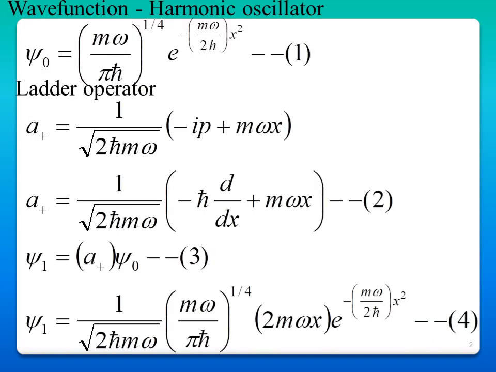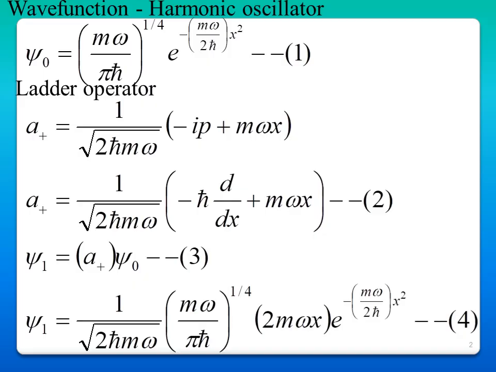So the wave function for the harmonic oscillator at n equal to 0 is psi 0 equal to (m omega by pi h cross) whole power 1 by 4 e power minus m omega by 2 h cross x squared. If you use the ladder operator a plus, that is 1 by root 2 h cross m omega times (minus h cross d by dx plus m omega x), we can find the wave function psi 1 for n equal to 1.